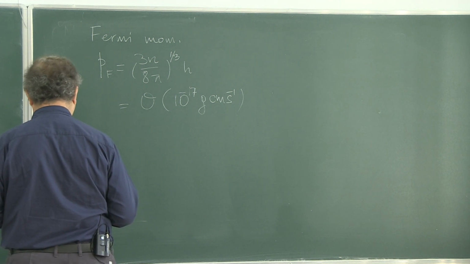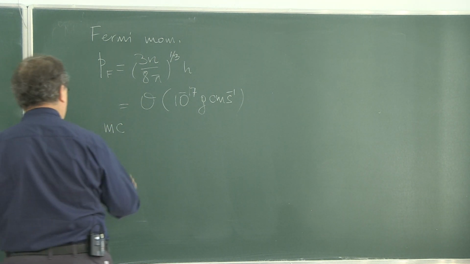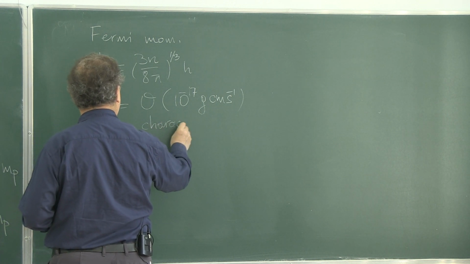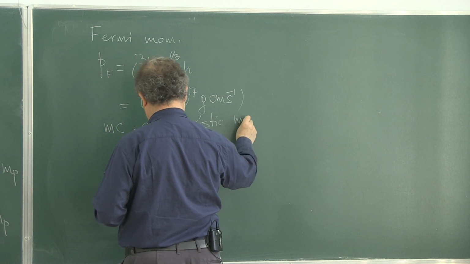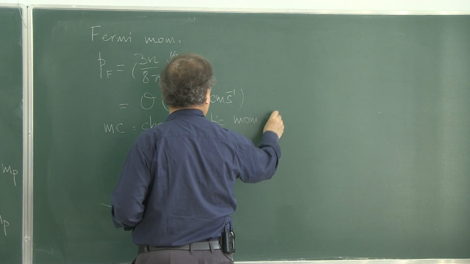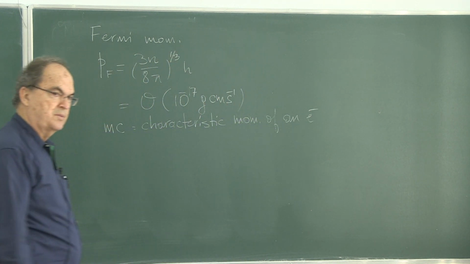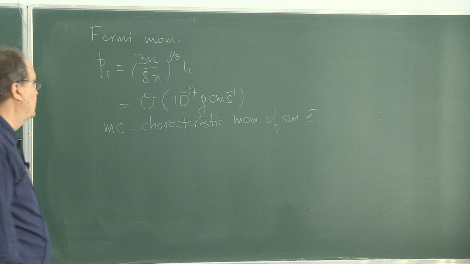Well, if you look at m times c as the characteristic momentum of an electron, m times c, the reason is these are relativistic, aren't they? Highly energetic in the star.